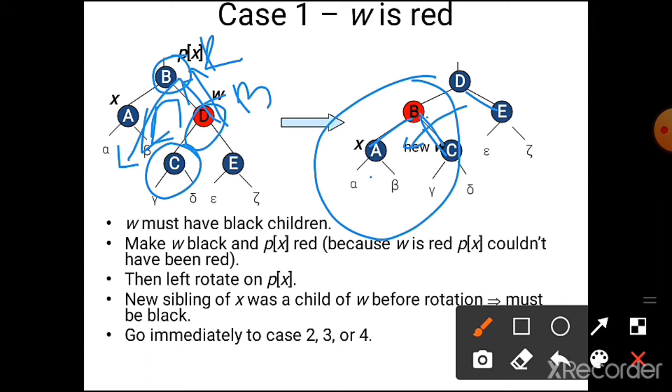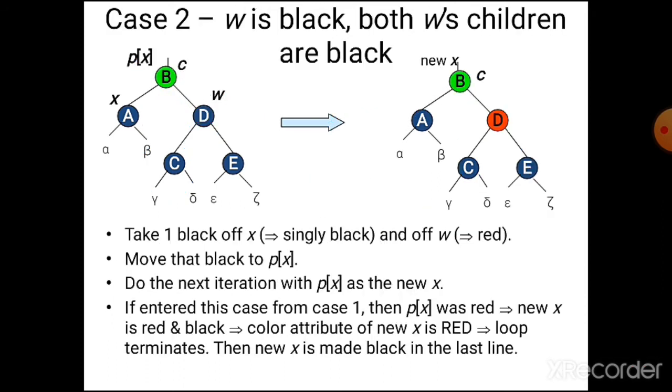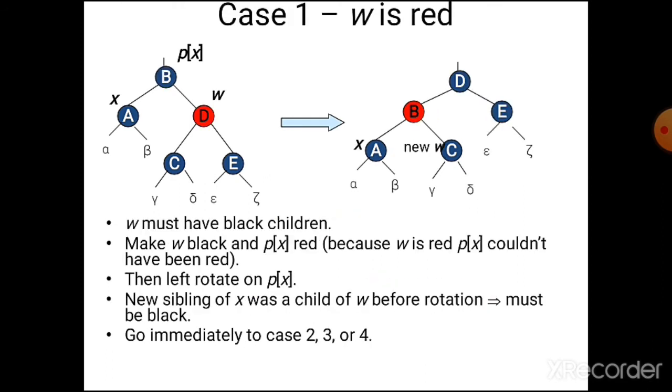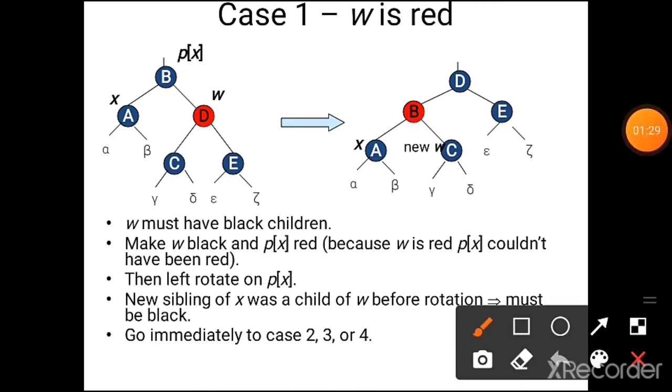So we will go to the next cases, 2, 3 or 4. In case 2, W is black, that is, the sibling is black. Here the sibling is W and X is the doubly black node.